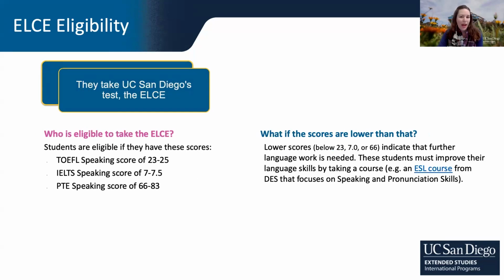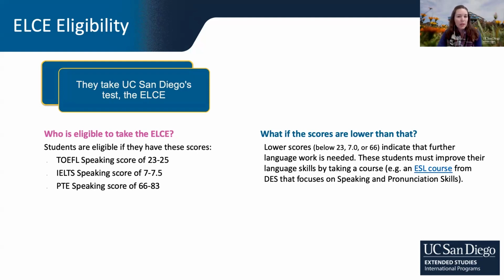The scores required to be eligible for the ELCE are narrowly defined as well. If you've taken the TOEFL test, if you have a speaking score between 23 and 25, you're eligible for the ELCE, with the IELTS between 7 and 7.5, and with the PTE between 66 and 83.